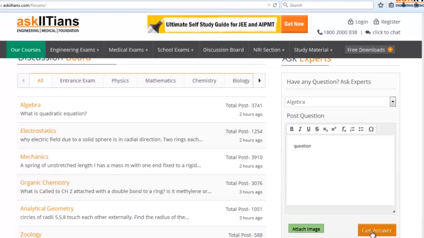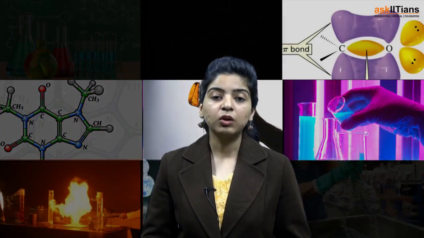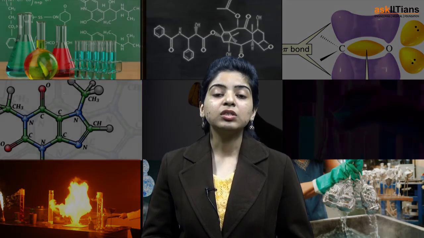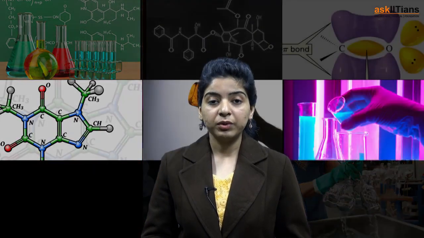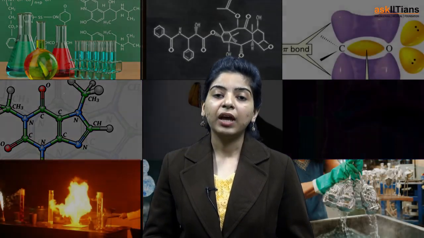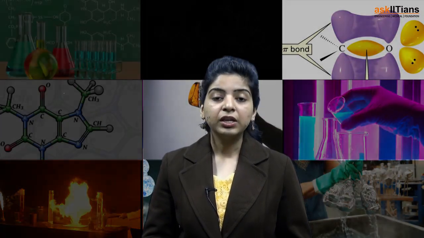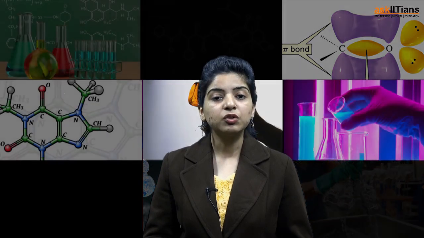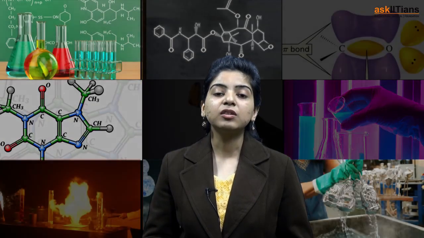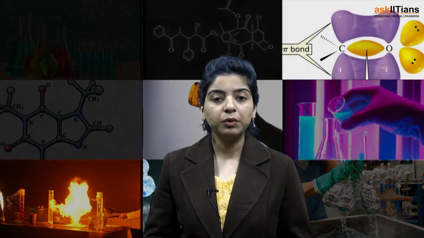So I hope you must have understood the techniques of solving questions on complex numbers, as well as the application of multiple concepts in solving a single question. So this also completes our chapter Complex Numbers, but before we stop, let's have a quick summary of the entire chapter. First of all, we began with the definition of a complex number, in which we also studied the representation of complex numbers as well as the concept of integral powers of iota.